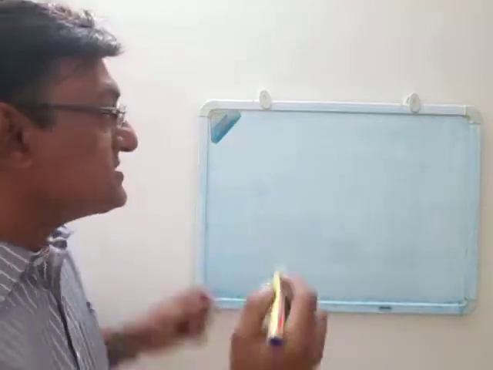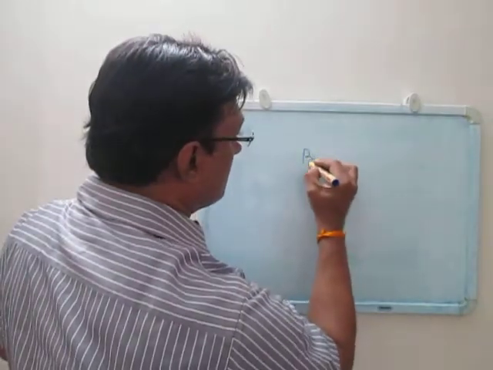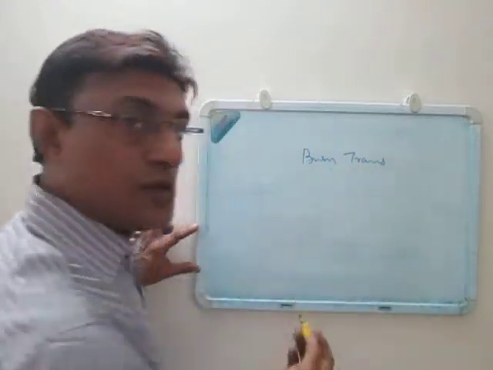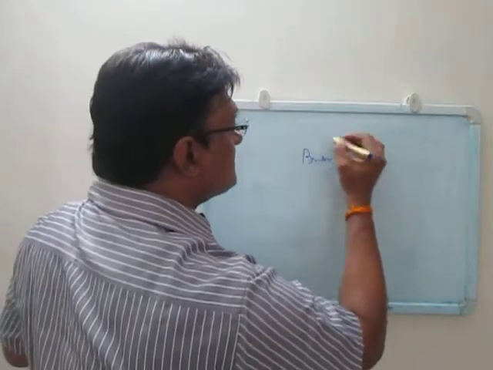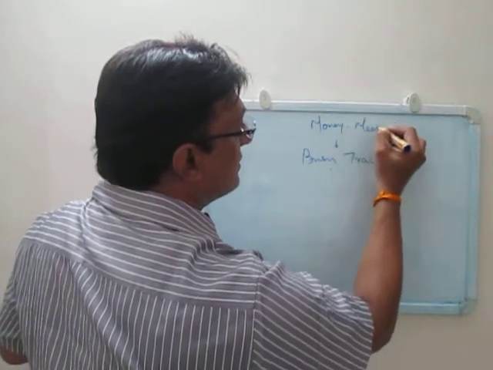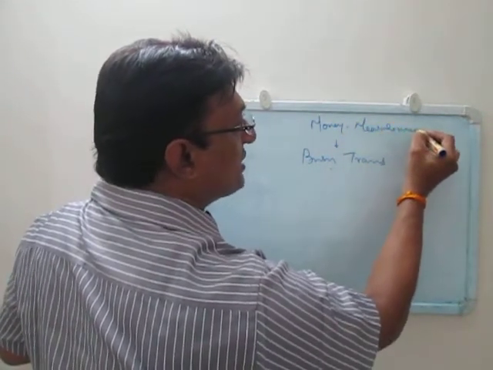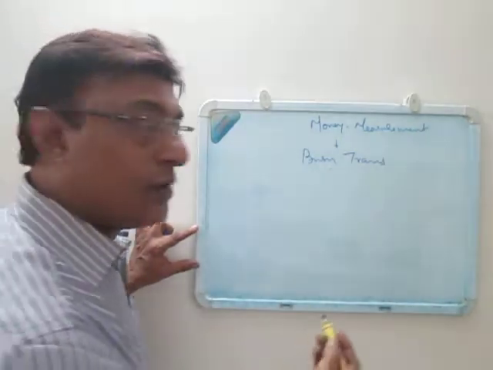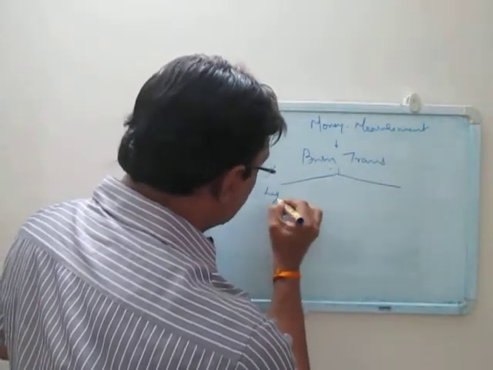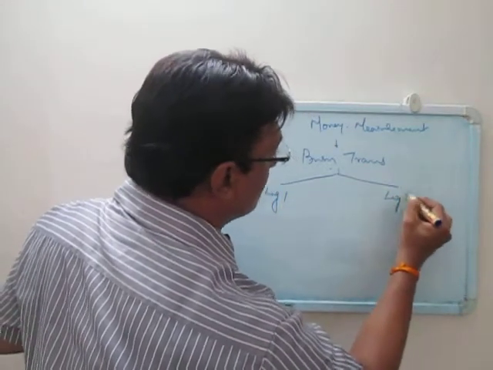So ultimately it is a business transaction which is satisfying money measurement, only those which are measurable in terms of money, which can be split into two legs, leg 1 and leg 2, let us say.